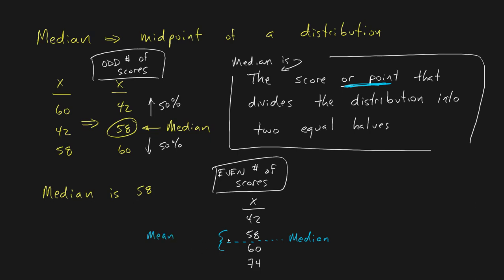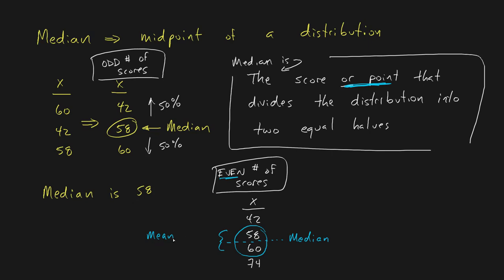We're going to take the mean of just these two values. If you find that you're dealing with an even set of scores, you will naturally place the median in between the two middlemost scores. But we can't say that the median is between 58 and 60. We have to give an actual value. So we take the average of those two values.